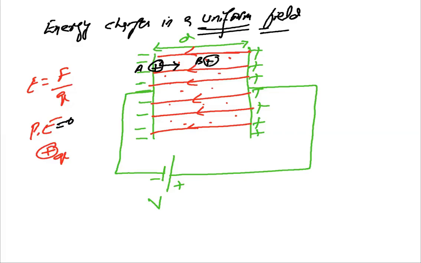Let's say I represent that potential energy by W, which will be equal to the multiplication of electric potential and charge. So here you will get zero potential energy, and here you will get maximum potential energy.